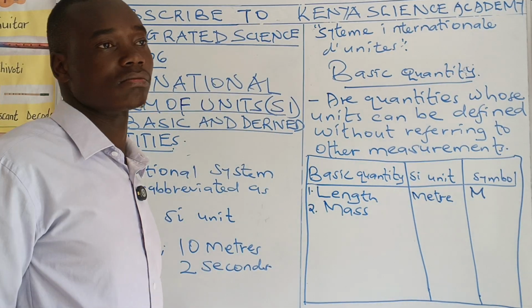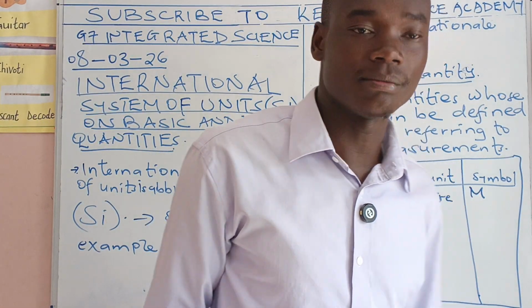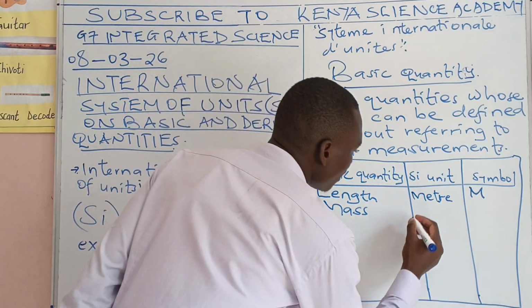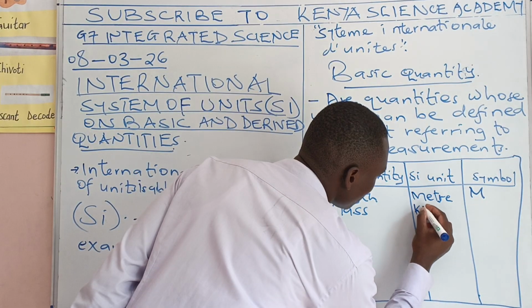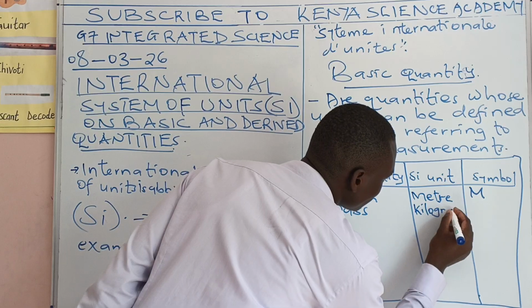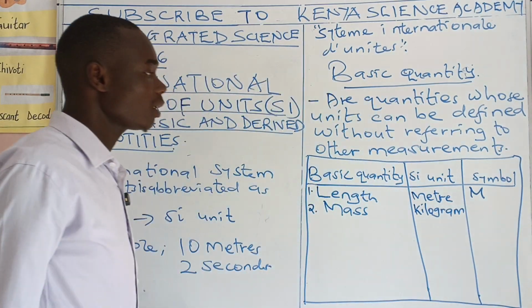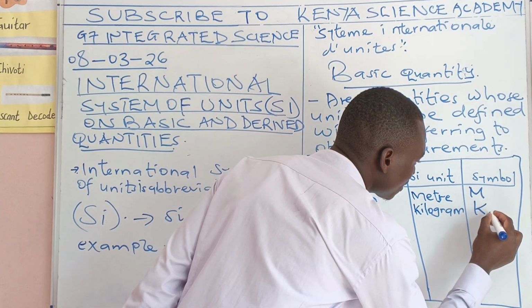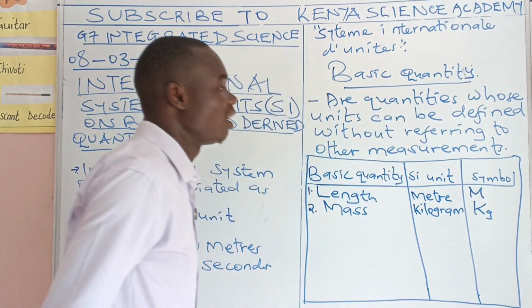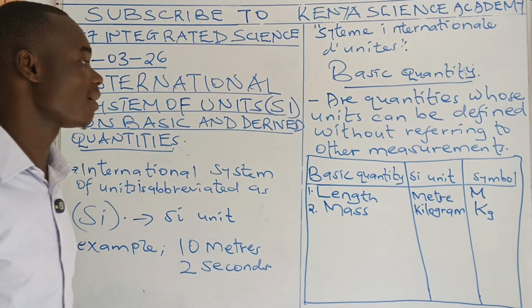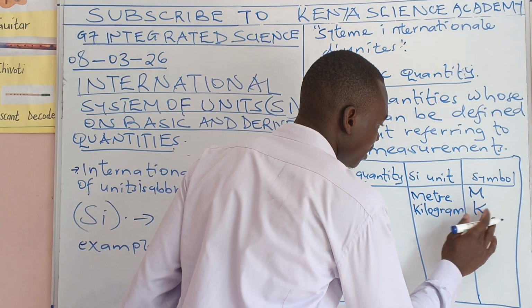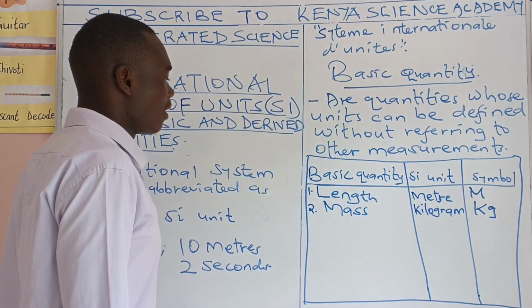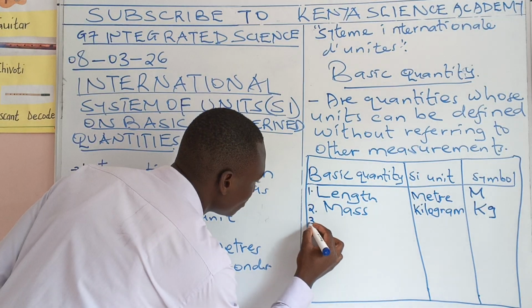Mass of the product. You heard me talking about kilogram. So it means the mass SI unit is kilogram. The symbol for kilogram is small k, small g, or kg, whichever way. Still the same.